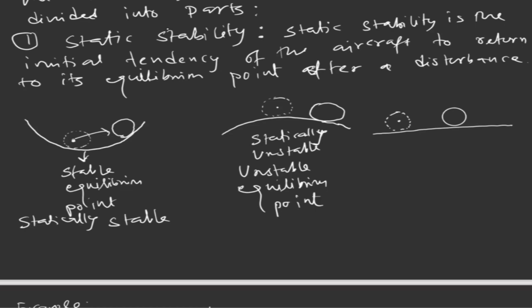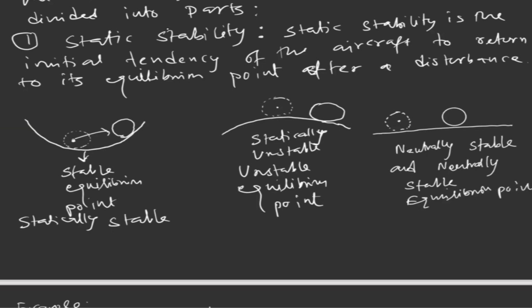If the system has this kind of property, we call the system neutrally stable, and the equilibrium point is a neutrally stable equilibrium point.